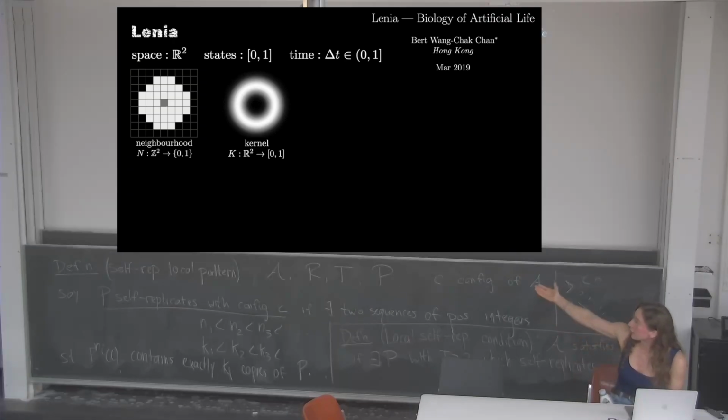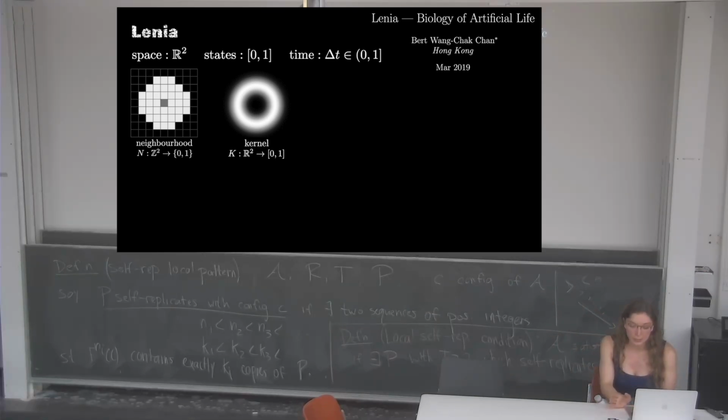Essentially, this is again a function from R² to the interval 0 to 1. So now we can assign to each location not just a binary value, whether it's present or absent from the neighborhood, but some weight. And we require this function to also have finite support.